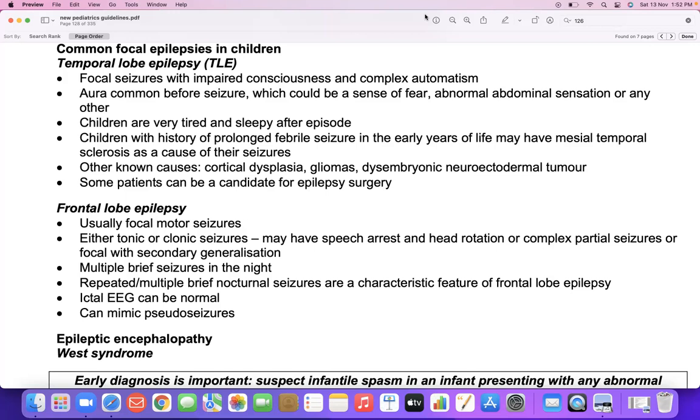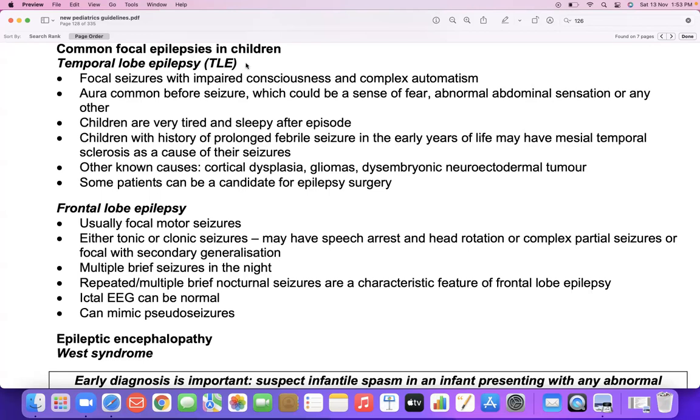And for GTC, I think they replaced it with the patient having generalized tonic-clonic with bilateral tonic-clonic, instead of saying focal with secondary generalization. I mention this because you might face some examiners who may ask, are you aware that there is some change, or why are they telling me the old terms? But when I noticed the new guidelines, I think we are still using the same previous definition, which is simple partial, complex partial.